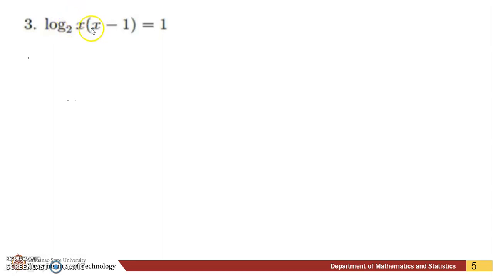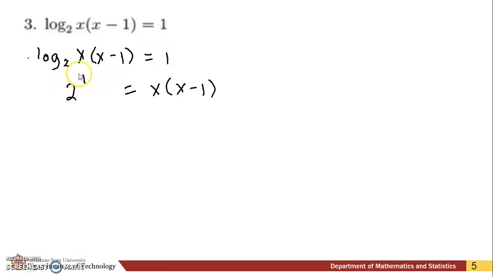So in order to get x times x minus 1, you have to raise the base 2 to this exponent 1. So we now have the logarithm of x times x minus 1 equals 1 can be rewritten as 2, which is the base, raised to the 1, which is the exponent, is equal to x times x minus 1.